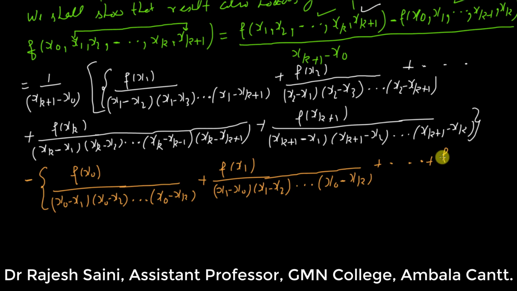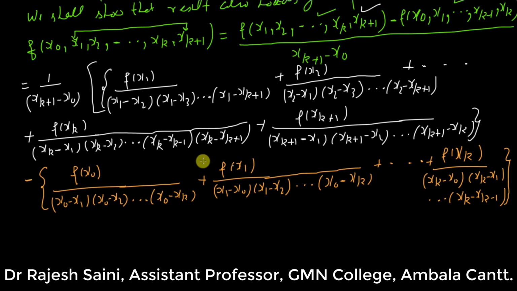So f of xk will be xk minus x naught, xk minus x1, and so on, up to xk minus xk minus 1. This is the curly braces, and this is the square braces that we have closed. Fine. So now we will collect.